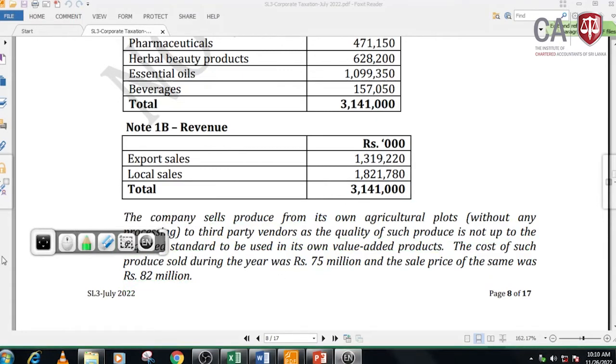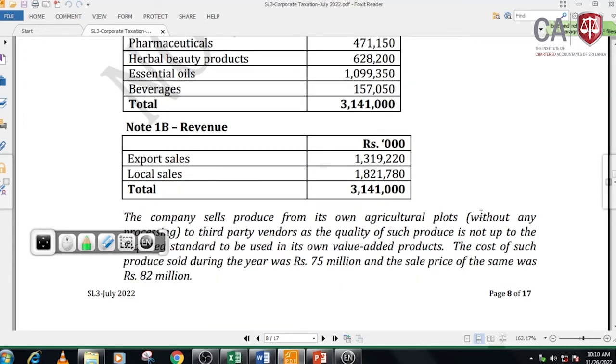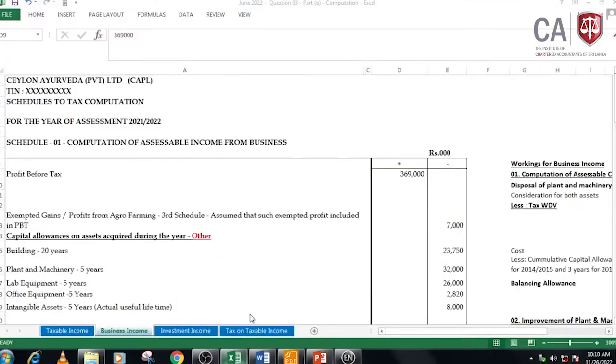Nowhere around it is included in the profit before tax. Therefore, this 369 has included this 82 minus 75, which is the exempted gain from the selling of the agro farming produce. Then it should be removed from the profit before tax. I am taking it under the assumption that it has been included in the PBT.